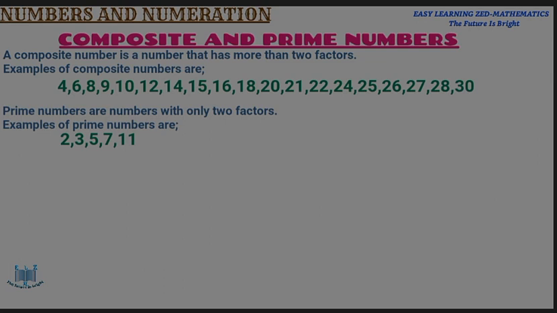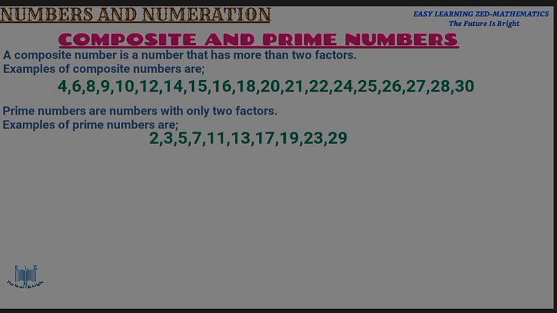11 is also a prime number. It has only 2 factors, 1 and 11. Then 13 also is a prime number. It has only 2 factors, which are 1 and 13. 17 is also a prime number. It has factors which are only 1 and 17. 19 is also a prime number. 23 is also a prime number.